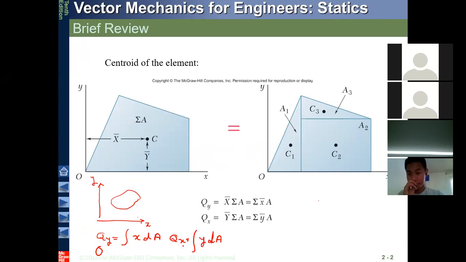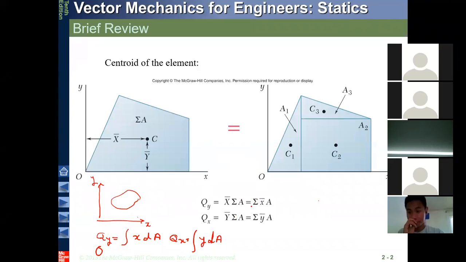These are the first moments of an arbitrary object, and this is the general formula. So when you can discretize an element into separate, well-known objects, then you can substitute the integration by summation.